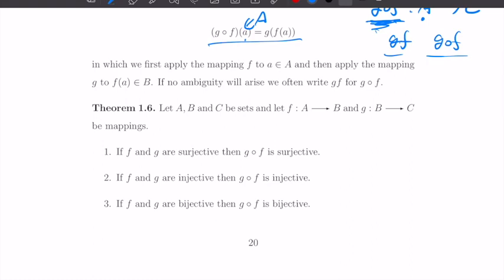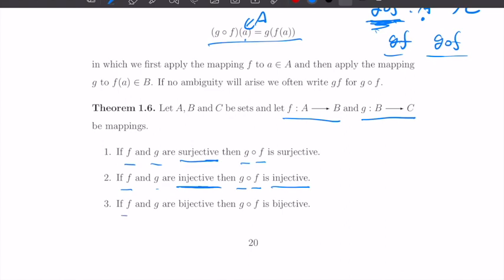Now, here is one theorem. Let A, B, C be sets, and let f be a mapping from A to B, and g be a mapping from B to C. Then, if f and g are both surjective, then g after f is surjective. If f and g are injective, then g after f is injective.